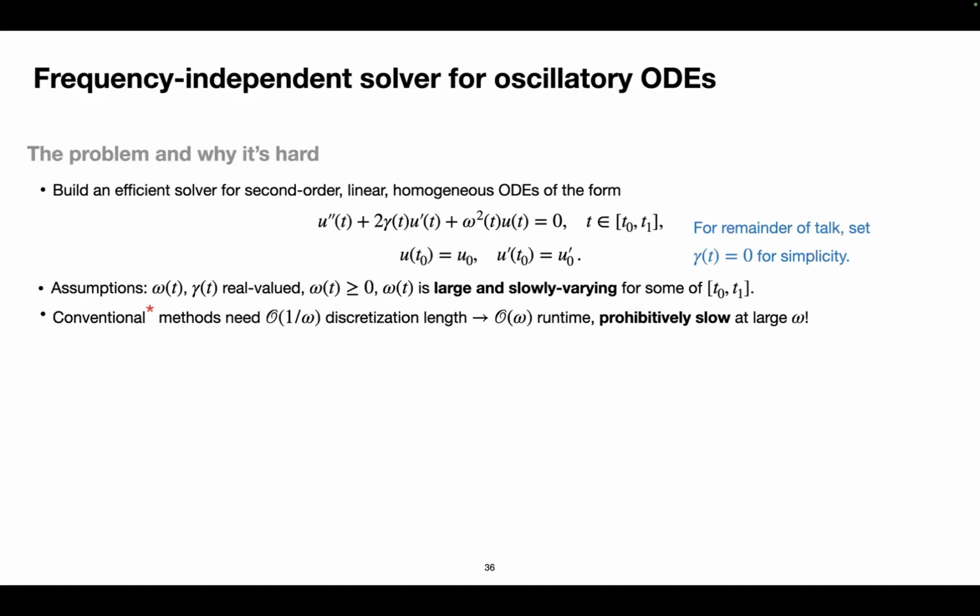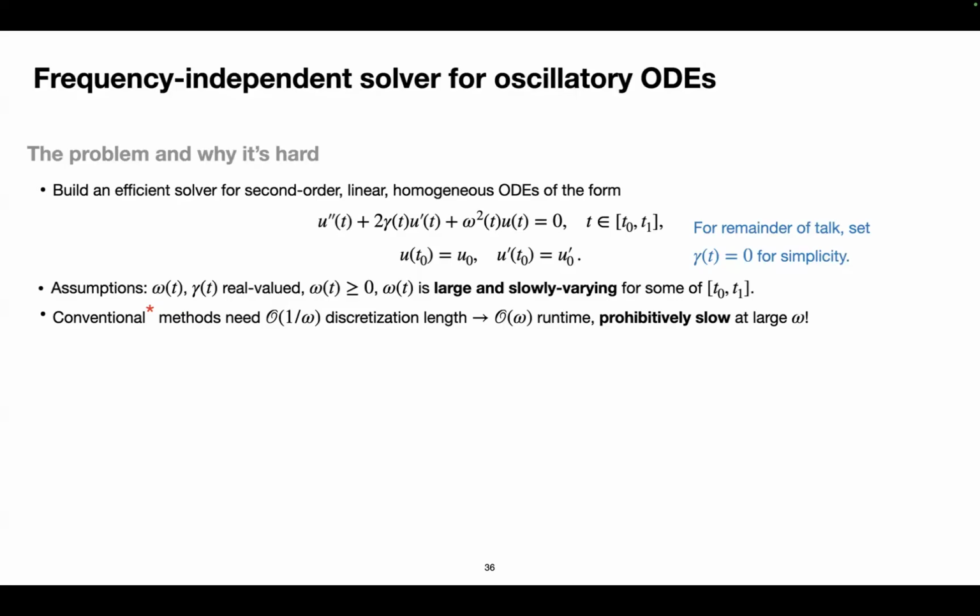The issue is that if you naively try to solve this equation with something available from a large numerical library, then as the frequency goes up, so as omega grows, so does the runtime, and it will grow linearly. So I say that the runtime is O(omega). This is because when a numerical method solves an oscillatory equation, the discretization length, so how often you need to evaluate the solution, needs to follow the wavelength, which goes like 1 over omega.